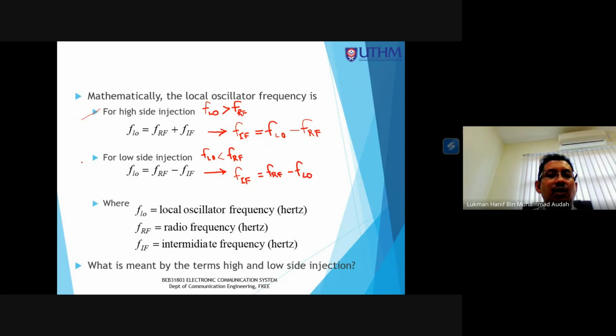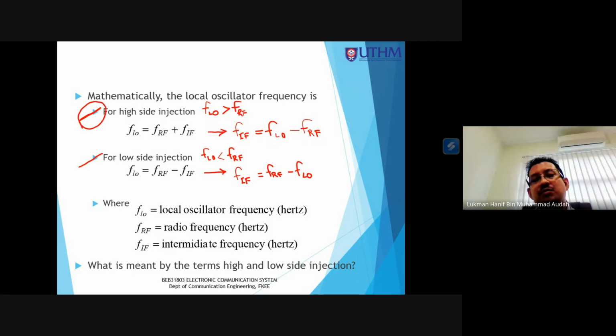So this is the low side injection method. As stated in the previous slide, in most practical cases, we normally use high side injection.